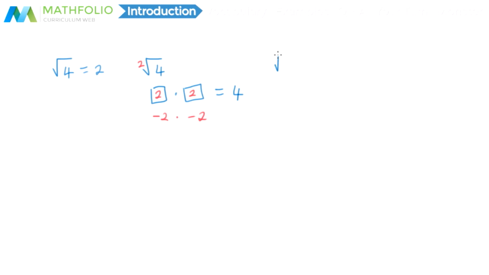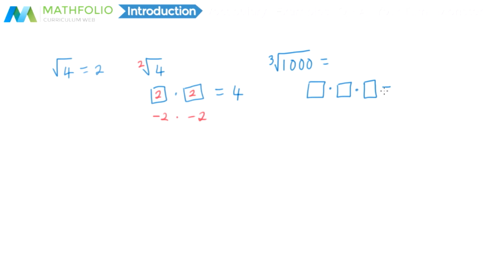If I say the cube root, here we can't leave it as this because this is going to imply that it's the square root, a little 2. If we're talking about the cube root, I've got to put a little 3 there. So let's take the example of 1000. If I'm looking to find the cube root of 1000, we're thinking about what times itself 3 times, because this is the cube root.